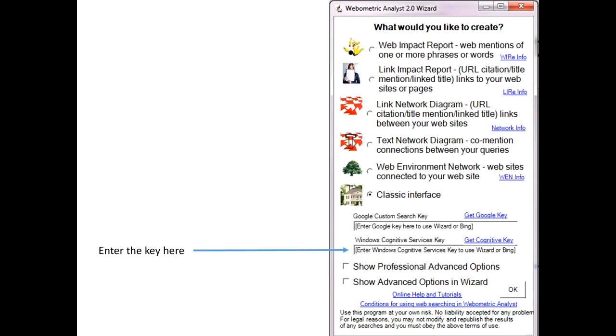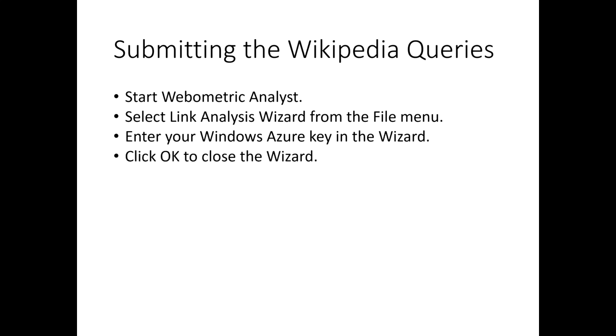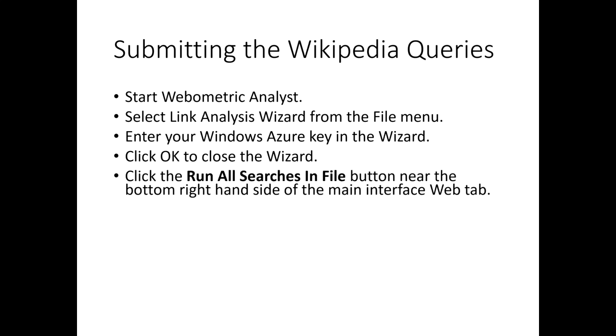If you do use the indicator, then start Webometric Analyst, use the menu option to select a search engine, enter a Windows Cognitive Services key, that's the key you've got from Bing, and then to submit the Wikipedia queries, start Webometric Analyst, select Link Analysis Wizard from the File menu, enter your key in the wizard, click OK to close the wizard, so that's the wizard that we saw on the previous slide.